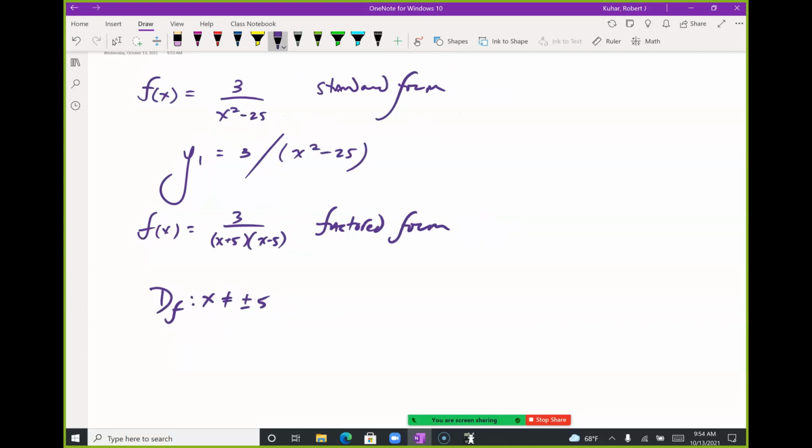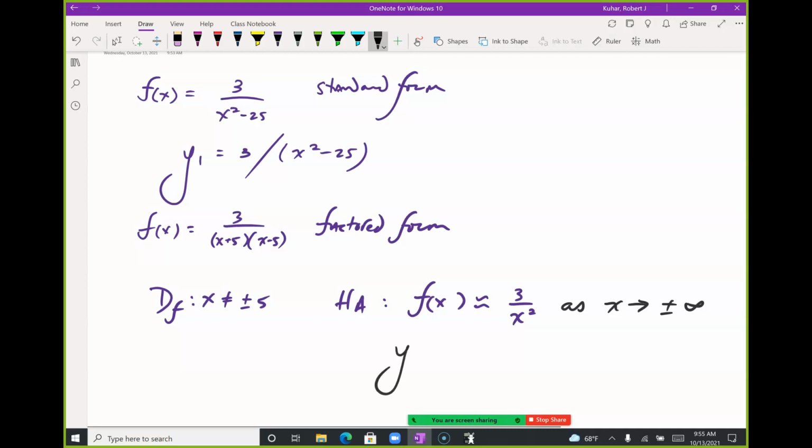What's the horizontal asymptote? F of x is approximately 3 over x squared as x goes to infinity. So that's y equals 0. 3 divided by 1,000,000,000 is really small.